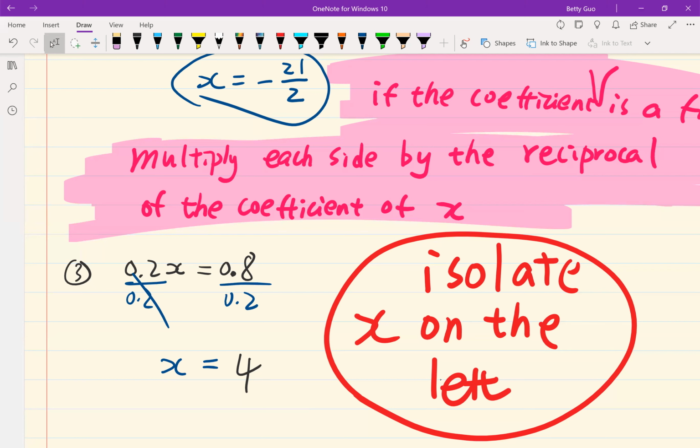The second property: if you multiply or divide by the same non-zero quantity, the equation still holds. So those are the 2 properties we learned to solve linear equations in one variable. Very important: when you start a solution, my goal is to isolate x on the left, whatever I do. Let's move to the next section.